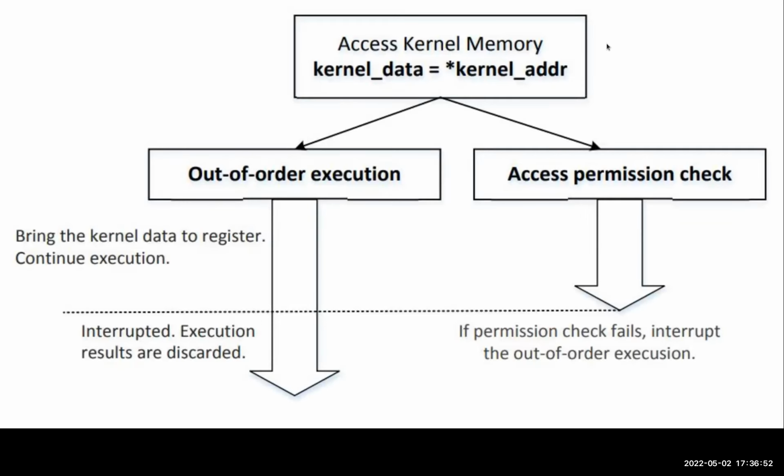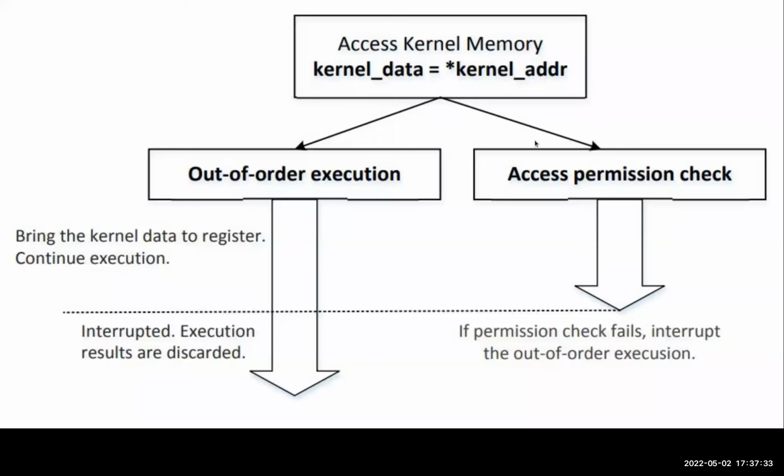Like I said, the reason that we may steal the data is because when we do this memory dereference, we try to read that kernel location for the secret. The CPU actually does two things at the same time. One is that the CPU will check the MMU, which has a big page table in memory, to check if your instruction has the permission to access the data.